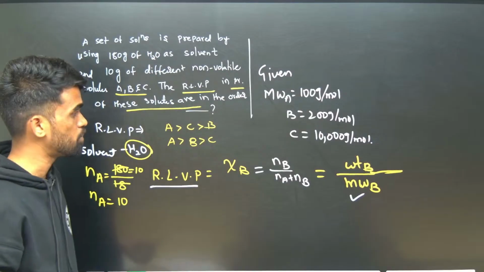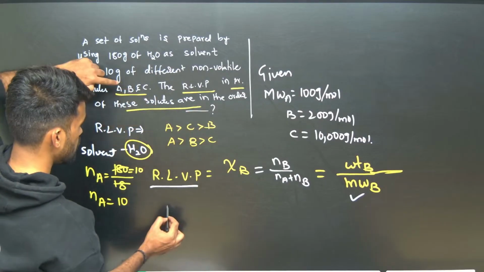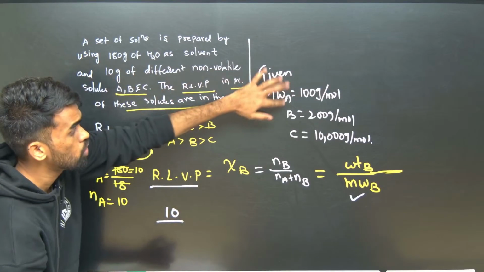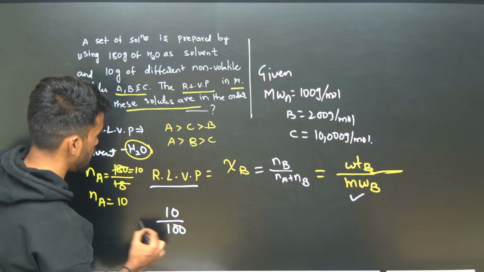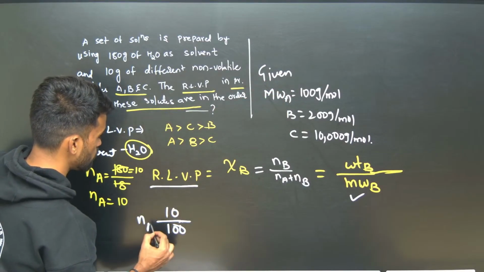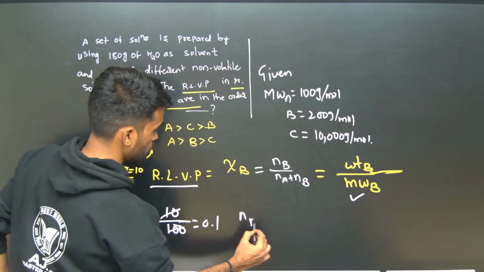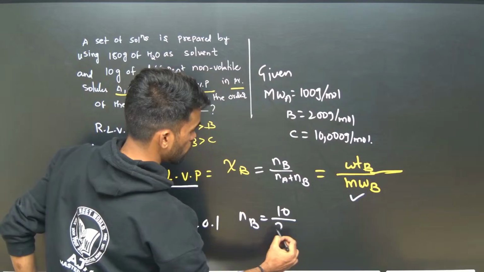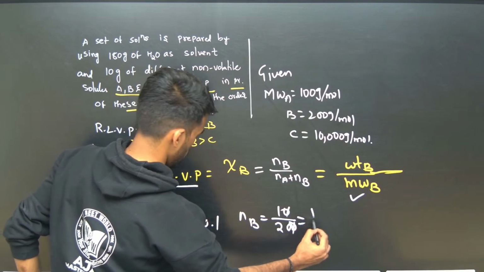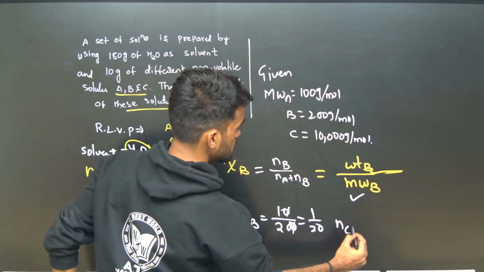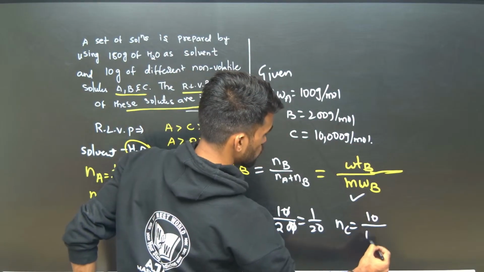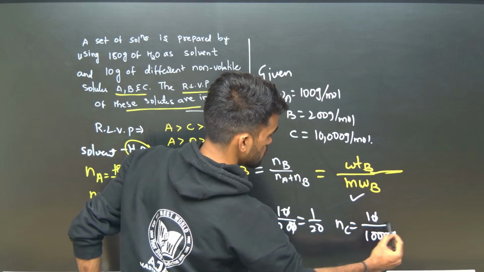Take 10 grams everywhere, but molar mass is changing. First case for A, number of moles is 0.1. For B it will be 10 by 200, which is 1 by 20, and for C it will be very high, 10 by 10,000, which is 1 by 1000.